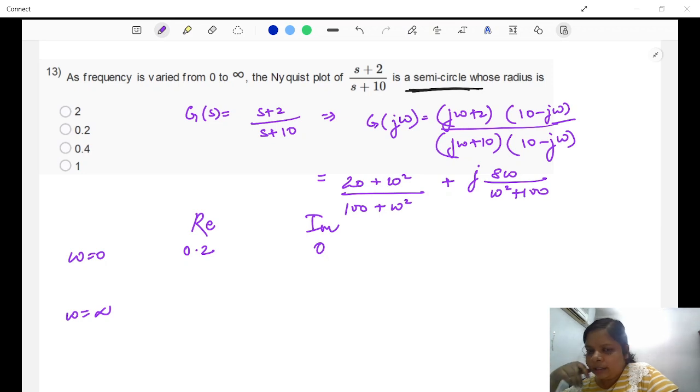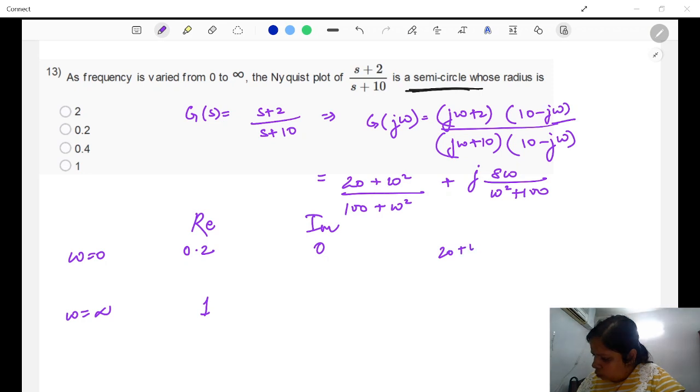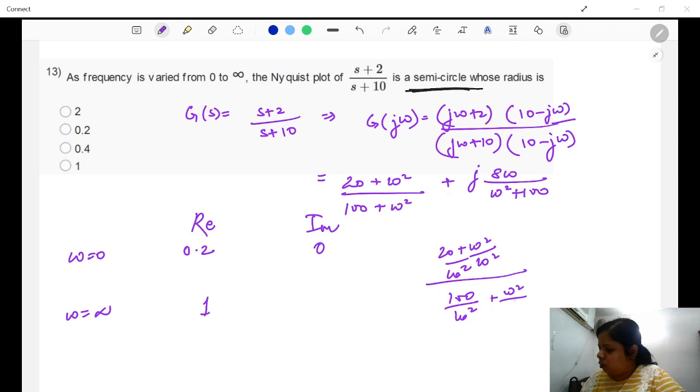We cannot proceed directly. Just for the sake of explanation, in 20 plus omega square, divide both sides by omega square. So 100 upon omega square plus omega square upon omega square. This becomes 1, this becomes 1, this becomes 0, this becomes 0. So you get 1 here.